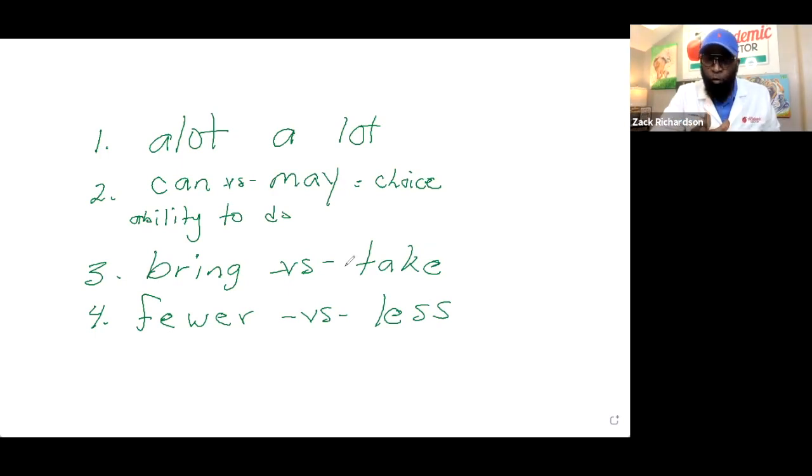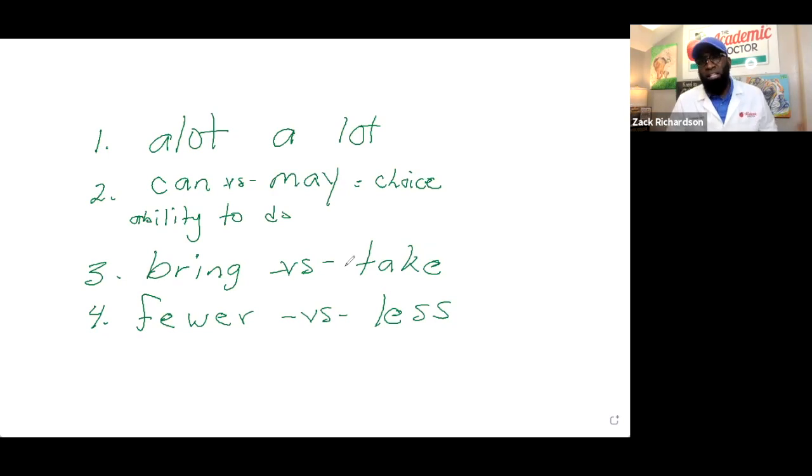The word fewer is used for things you can count. He has fewer fingers than I. He was once a shop teacher. Fewer. So you can count the fingers. You can count what's going on. That's fewer means things that you can count.